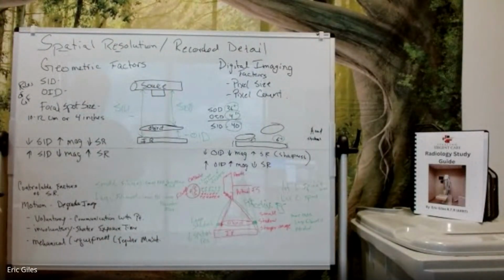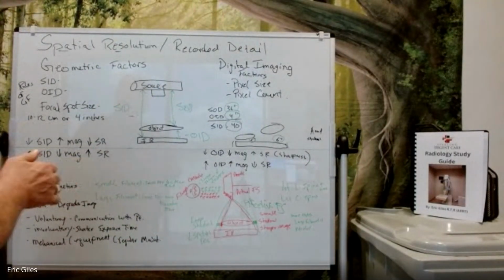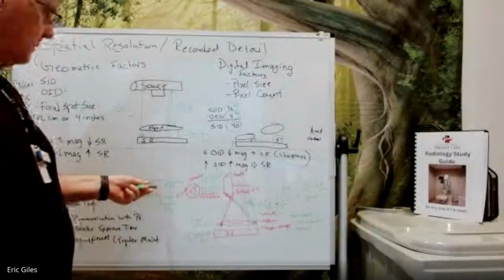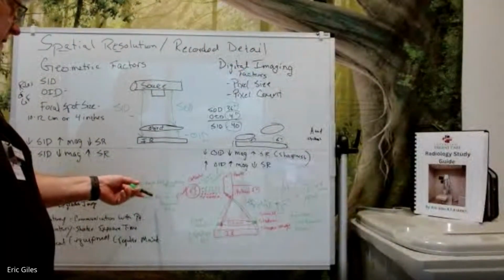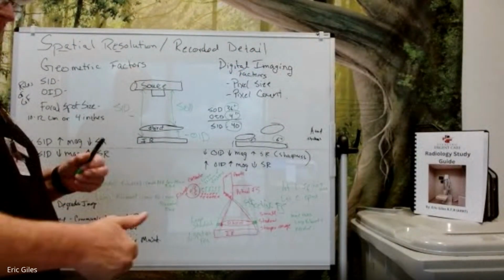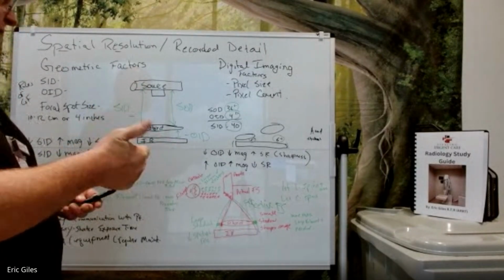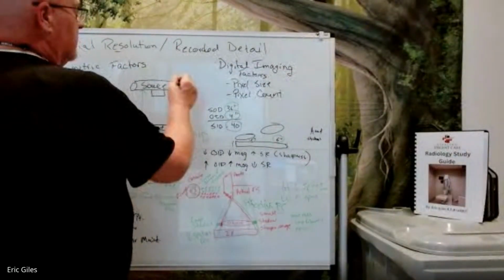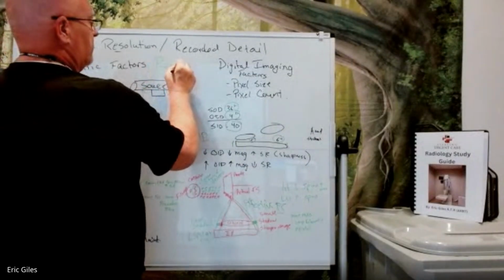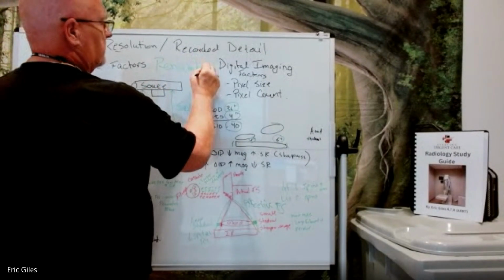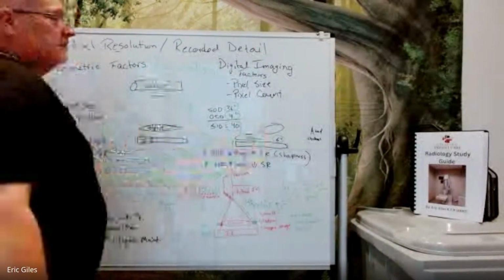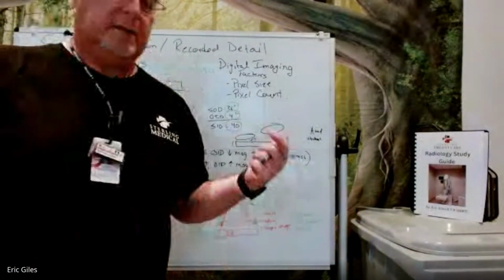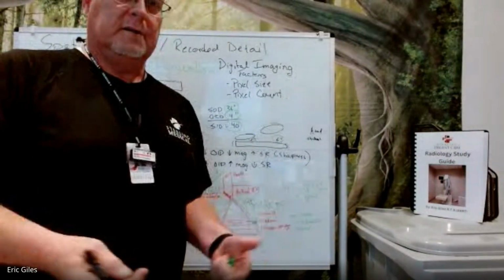So as a rule, small filament is the small focal spot, right? And it's going to give us an increased spatial resolution and less blur, or penumbra. Penumbra. Funny word, huh? Penumbra is a fancy word for blur on an image.